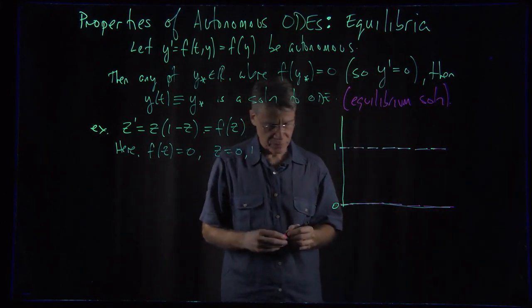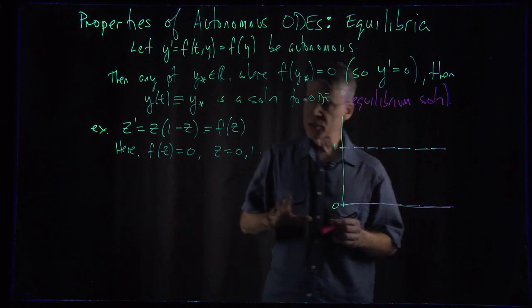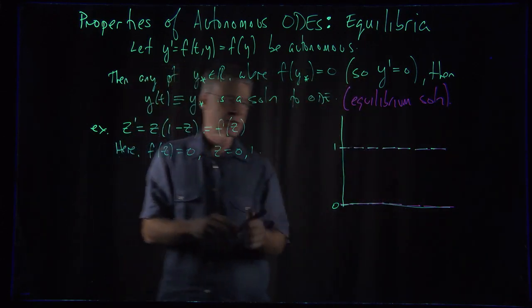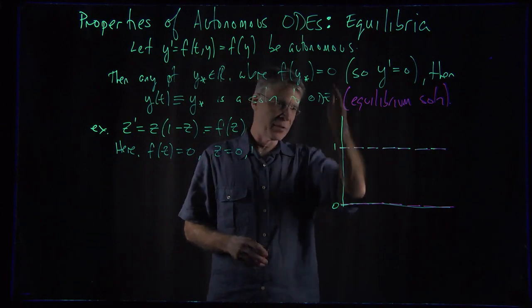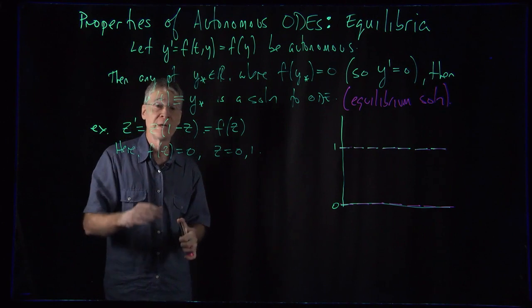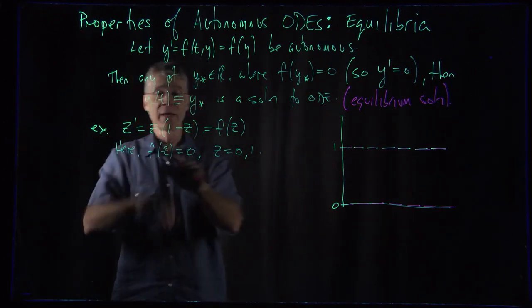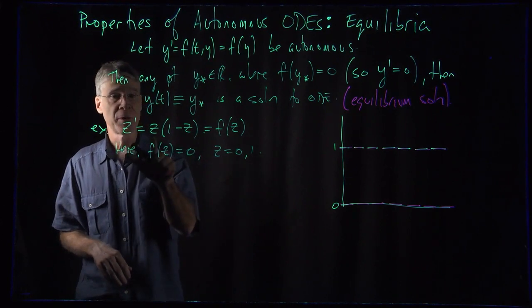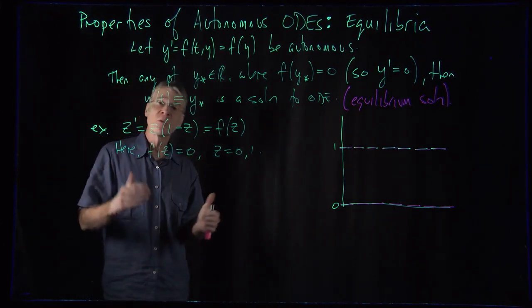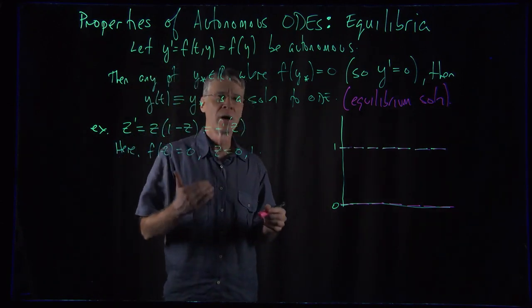And that's really useful for us. I also know something else. If I choose my z star, which can be any particular vertical height here, if I choose an initial point z which is between 0 and 1, then I have a small positive number. A small positive number times 1 minus a small positive number is a positive number. So I know that between 0 and 1, all of my slope field elements are positive.